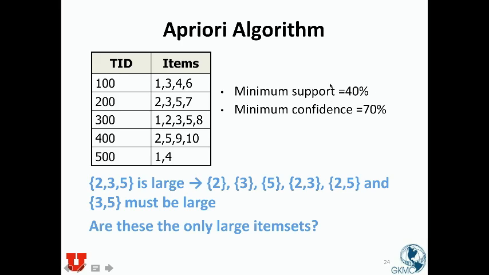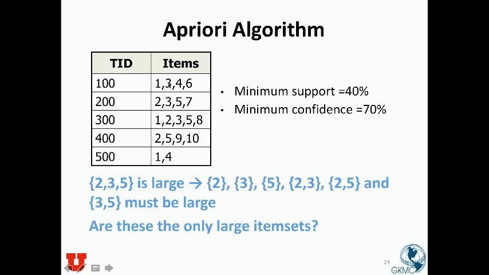Since the minimum support is only 40%, by definition this is large. Any subset of this 3 item set, single item sets or 2 item sets, must also be large, which means their support must be 40% or higher.